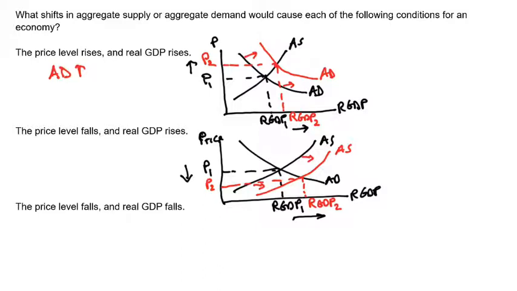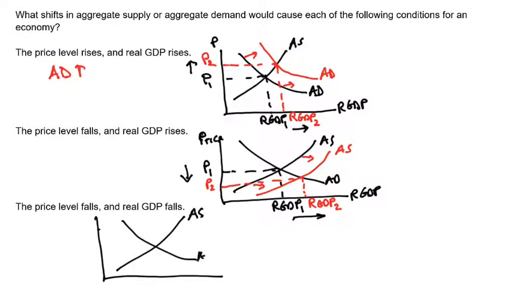Let's take a look at the third one. The price level falls and real GDP falls. I'm going to put that here. As always, we're starting with the initial equilibrium, aggregate supply and aggregate demand. Here we have real GDP and the price level. Initially, we're at P1 and real GDP 1. And we know that the price level should go down and real GDP should also go down. What kind of shift or what kind of change will give us this result?